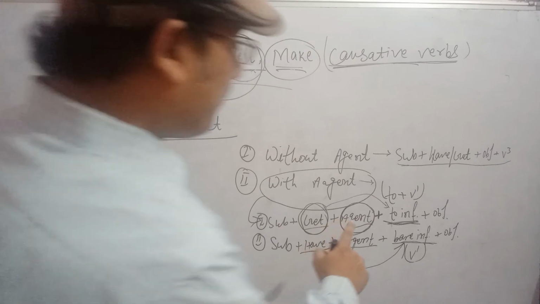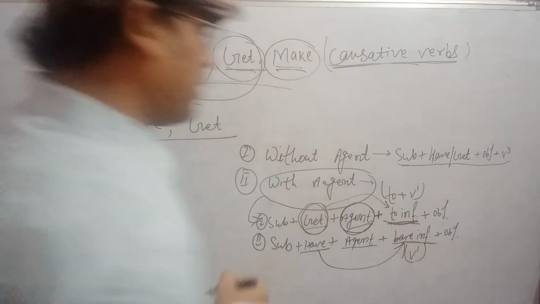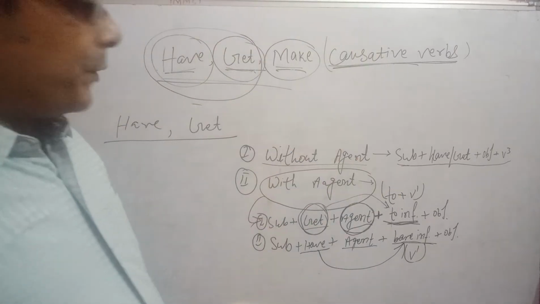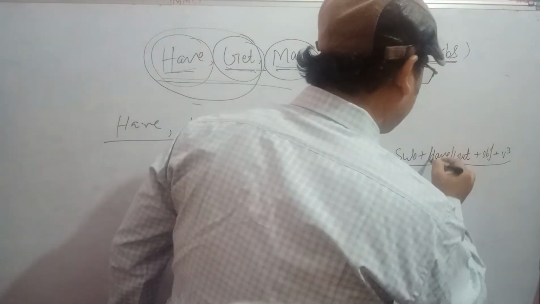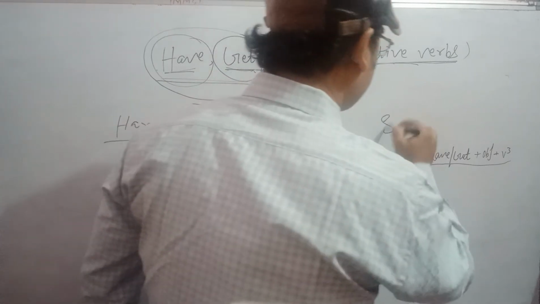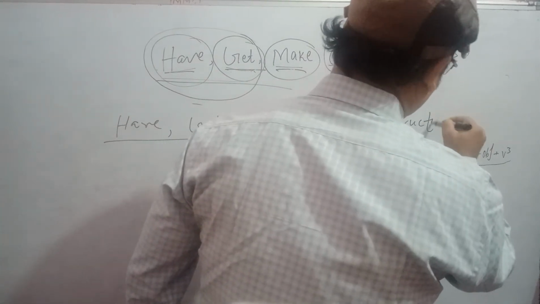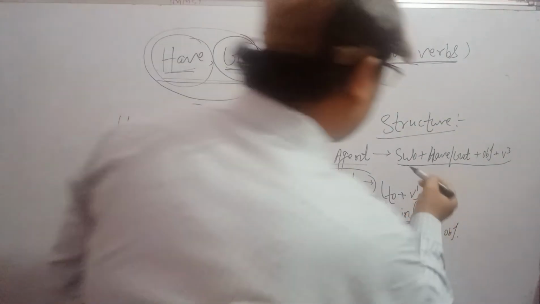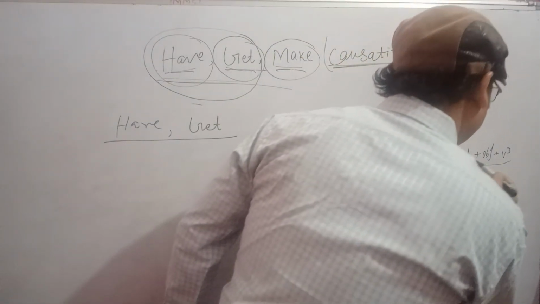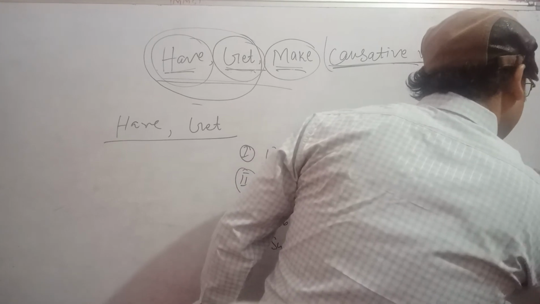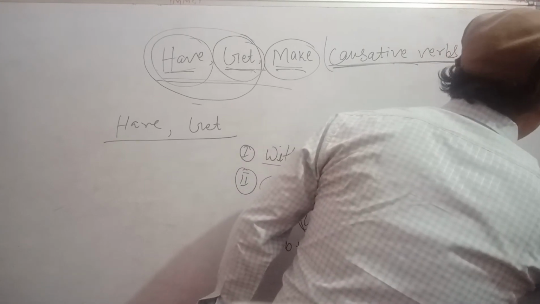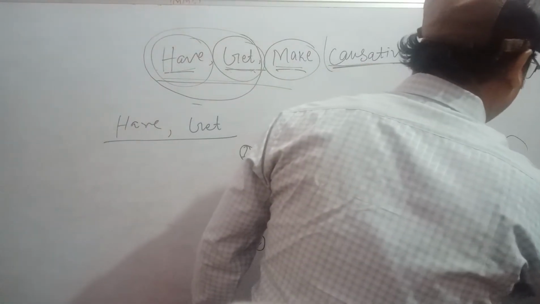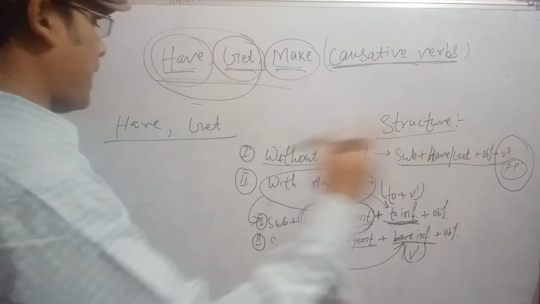Here students, we must pay attention to it. And while we talk about without agent, this structure shows subject plus have or get plus object plus V3, the past participle. V3, that is the past participle, we use at the last.